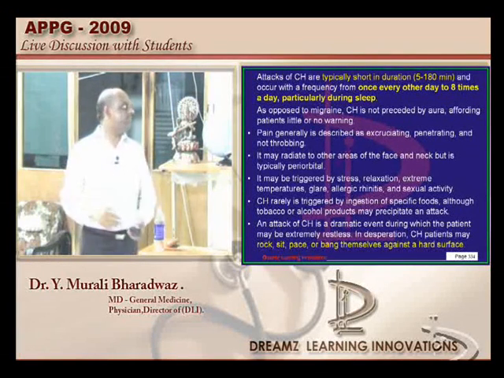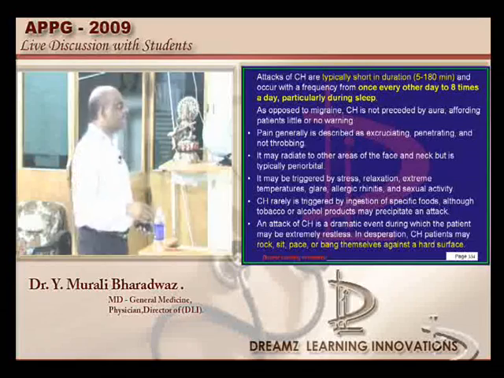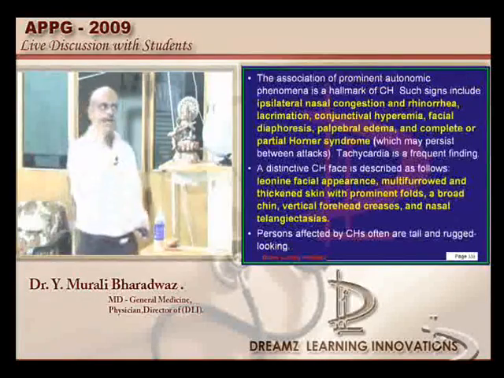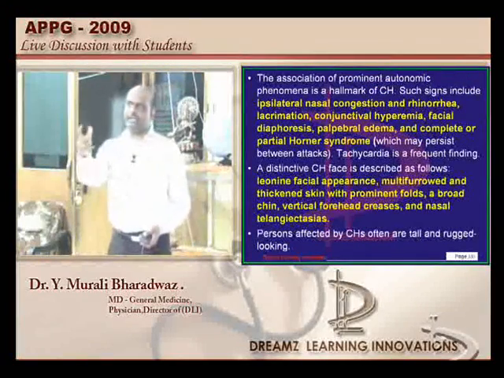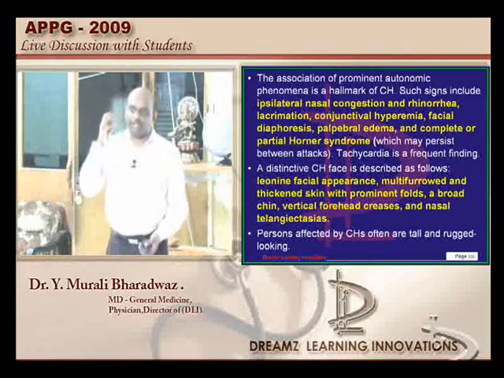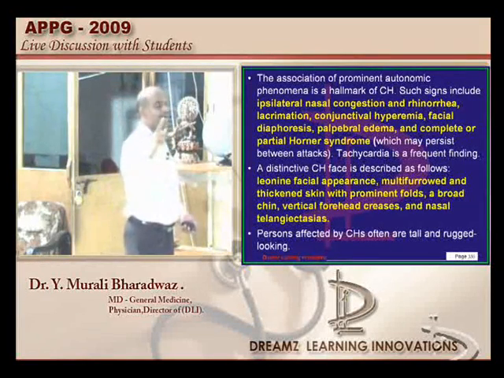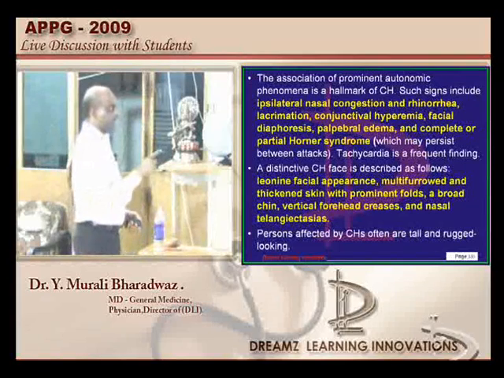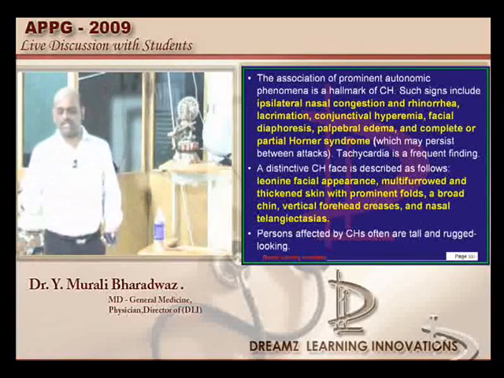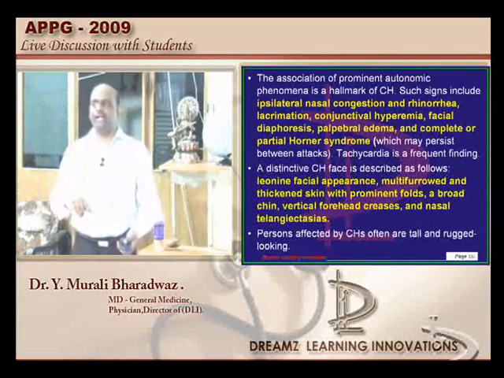There are various manifestations of cluster headache to be remembered. A very classical feature which is a clue in the question is lacrimation, along with rhinorrhea, conjunctival hyperemia, palpebral edema, Horner's; they are all features of cluster headache, which I want to underscore.